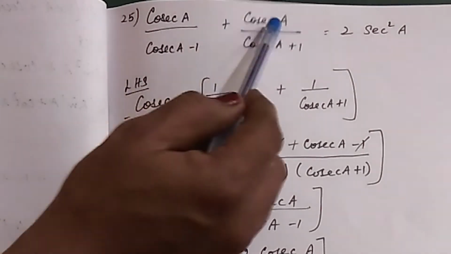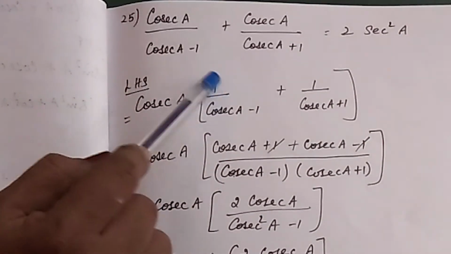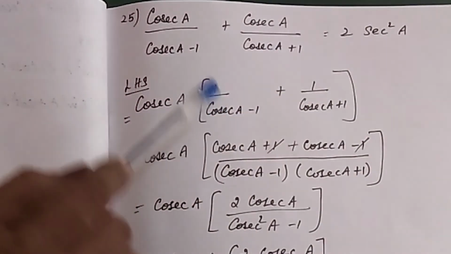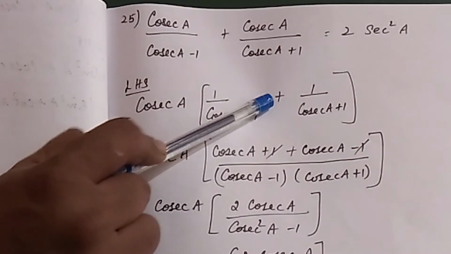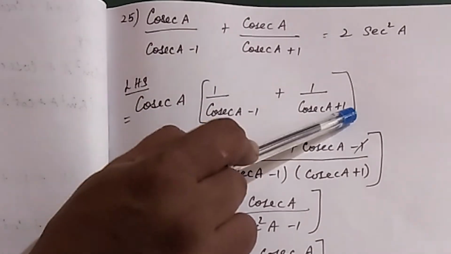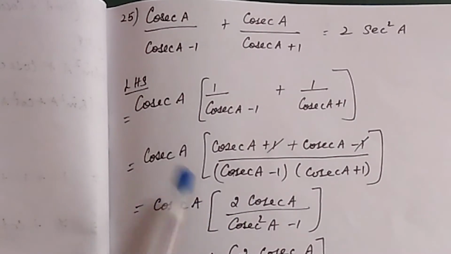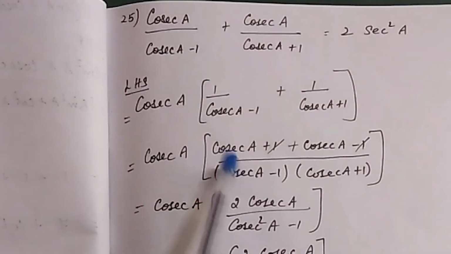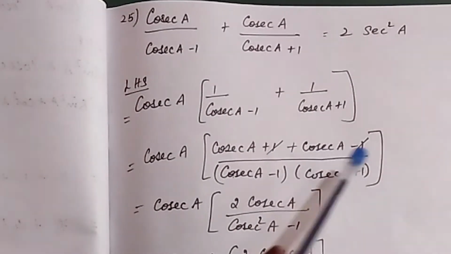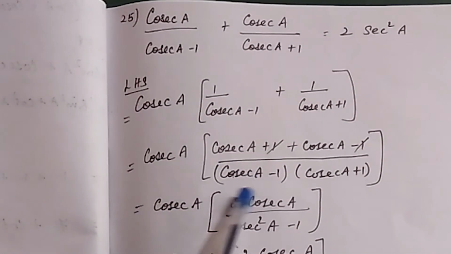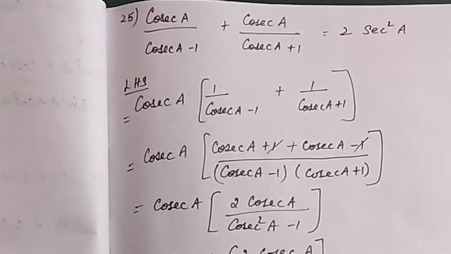Now cosecant A common, we can take it out, and the remaining write it inside the bracket: 1 upon cosecant A minus 1 plus 1 upon cosecant A plus 1. Now take the LCM. So you will get cosecant A into cosecant A plus 1 plus cosecant A minus 1 upon cosecant A minus 1 into cosecant A plus 1.